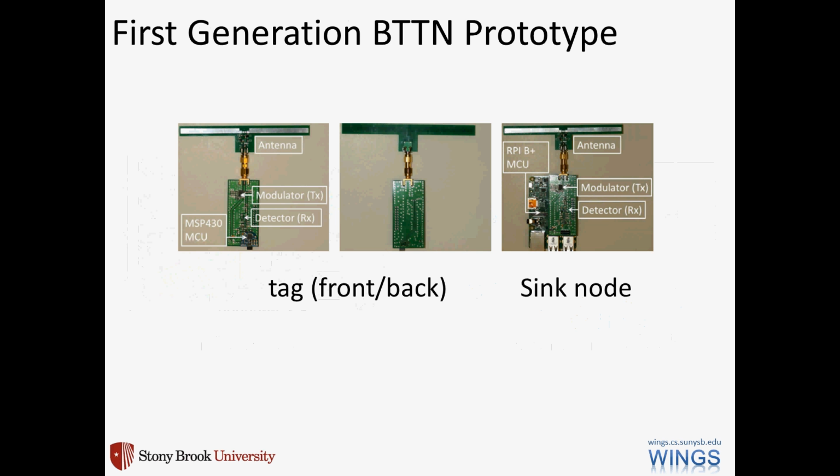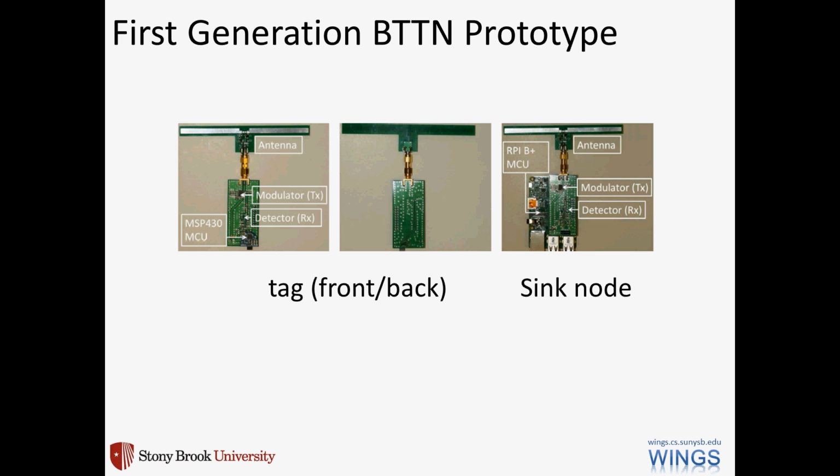So, introducing the first generation of a button prototype. The face and the back consist of the antenna, the transmitter modulator, and the RX detector, our passive receiver. It has an ultra low power microprocessor, which is the MSP430.